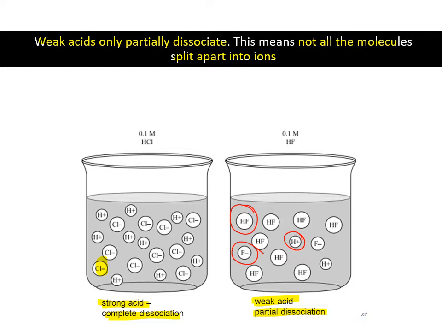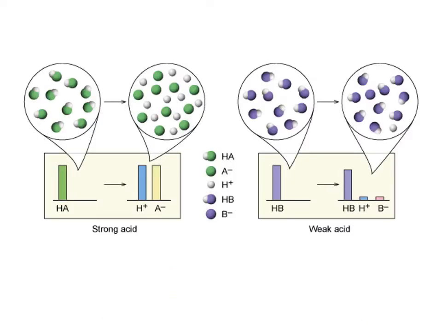Just because it's an acid doesn't mean they all completely separate. Sometimes if they're weak, some of them, depending on how weak they are, will stay together. Again, weak acids don't completely dissociate, while strong acids do.